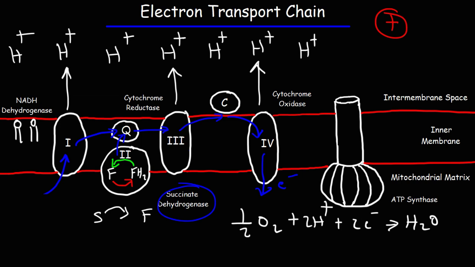Now, as these protons are pumped into this region, the intermembrane space is going to develop a positive charge. And so the mitochondrial matrix will be less positive or more negative with respect to the intermembrane space. And so there's going to be an electric force that these protons will feel because they're going to be attracted to the negatively charged mitochondrial matrix.